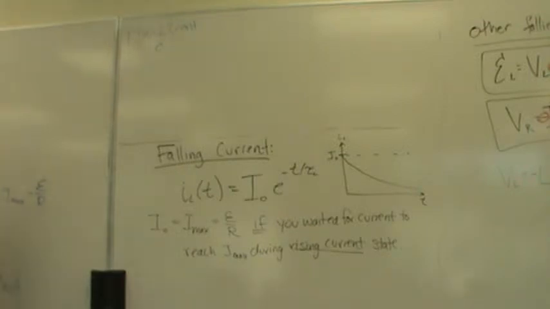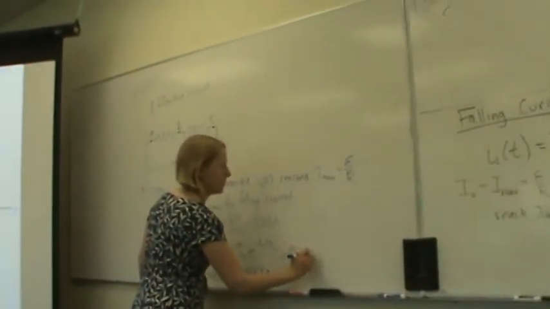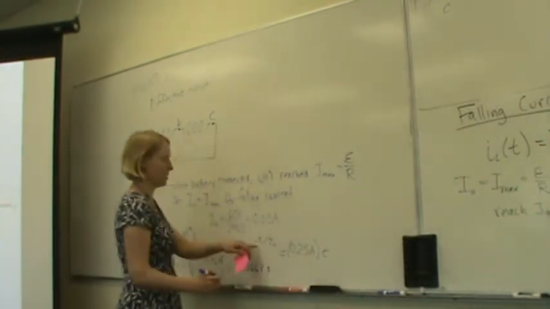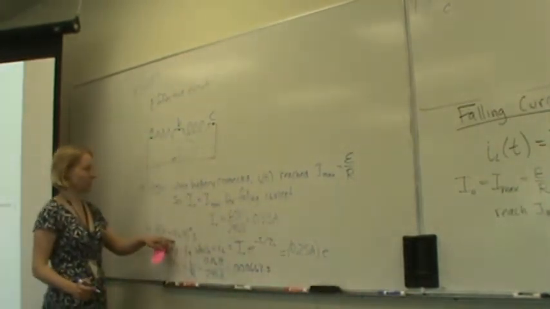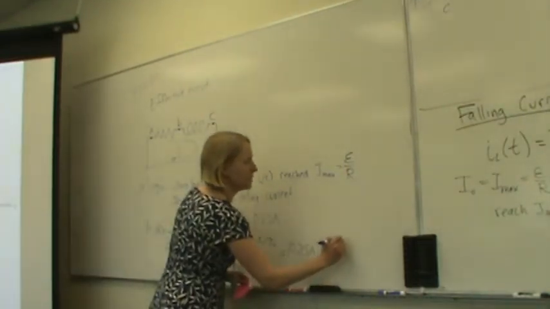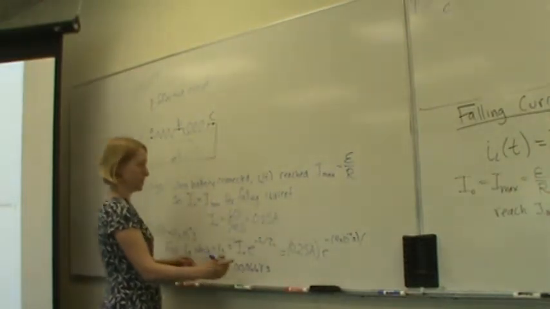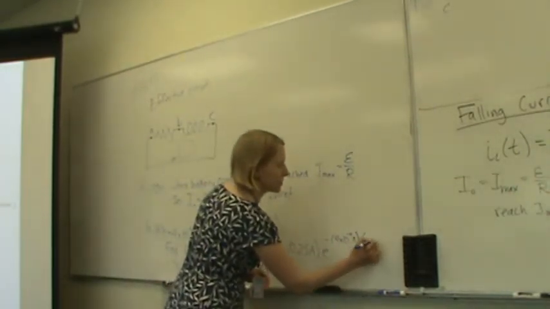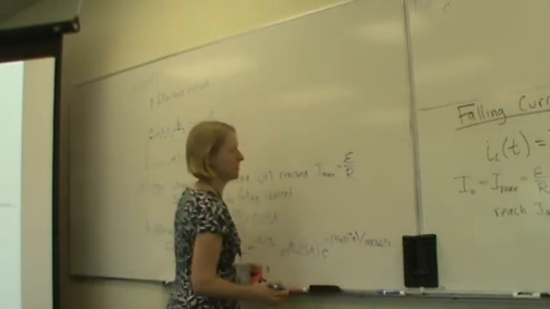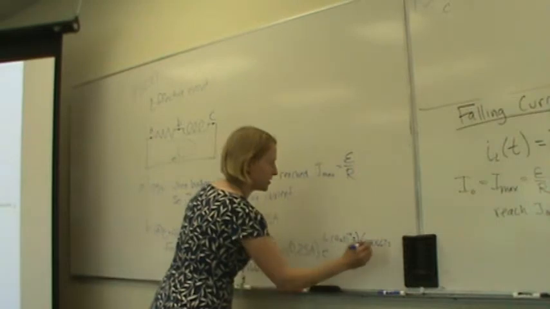If you're lost about what we're plugging in, I naught we calculated was 0.25 amps, and then e to the minus t, they said at time equals 4 times 10 to the minus 4 seconds, so there's where the little t is. And then tau we calculated was 0.000667 seconds. All that needs to be in parentheses.